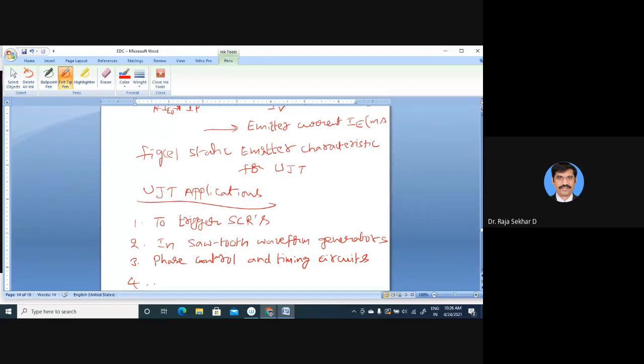Next one, as non-sinusoidal oscillator. These are the main applications of UJT.